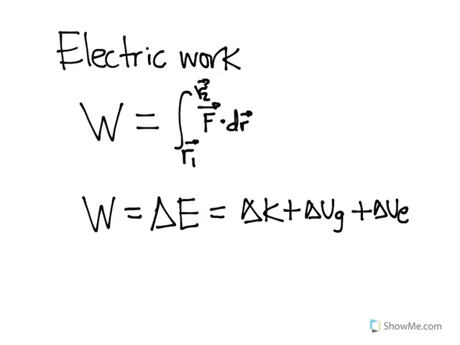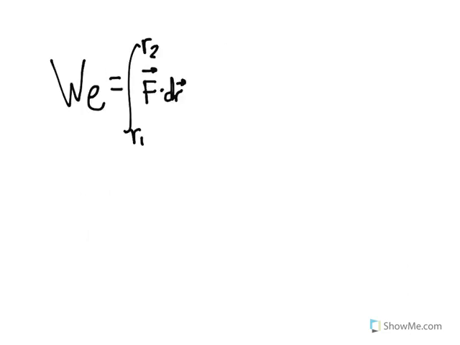Let's now define the electric work. In the electric work, for instance, the force that we're applying is the electric force, for instance, k q1 q2 over r squared in a differential of the r from position 1 to position 2.